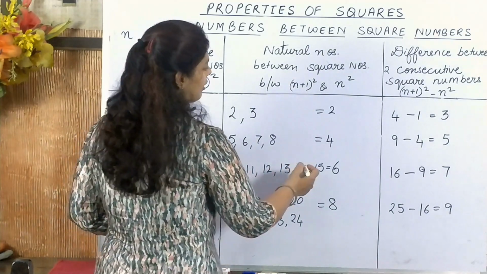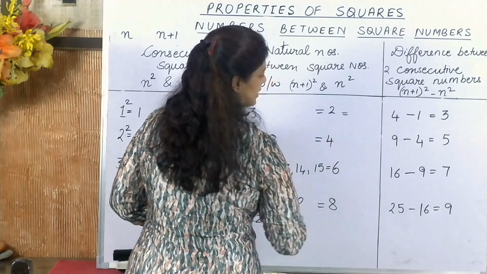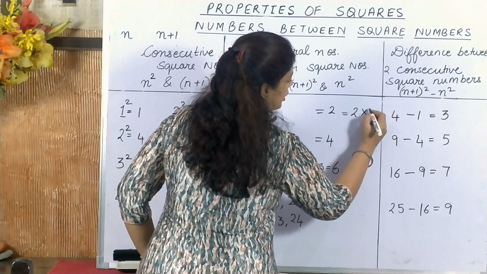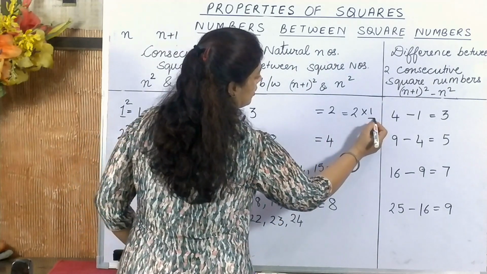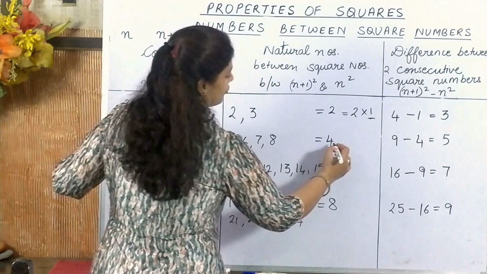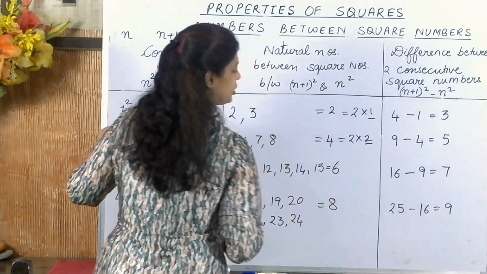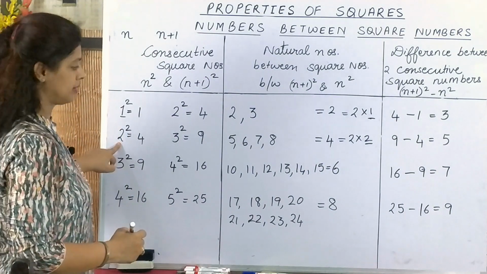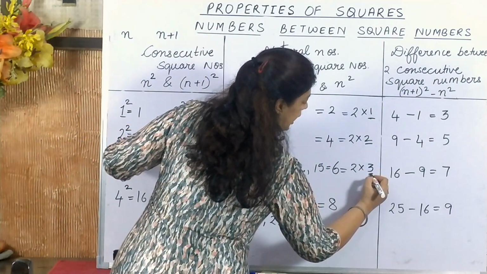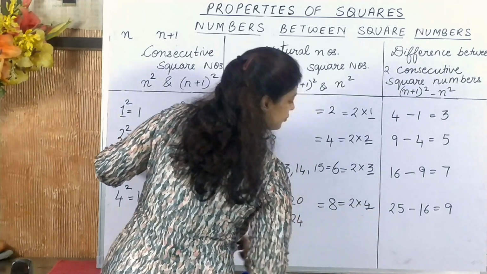And also one more thing we can notice, all these numbers can be expressed as a multiple of 2. They are all even numbers. So 2 can be expressed as 2 into 1, where 1 is the value of n. 4 can be expressed as 2 into 2, where 2 is also n in this case. 6 can be expressed as 2 into 3, where n is 3. 8 can be expressed as 2 into 4, where n is 4.